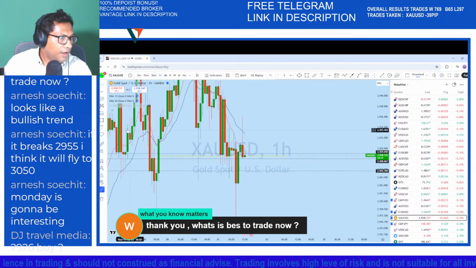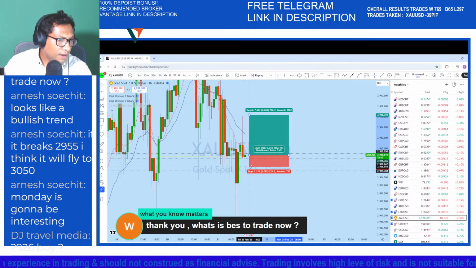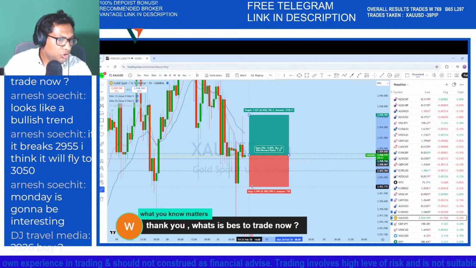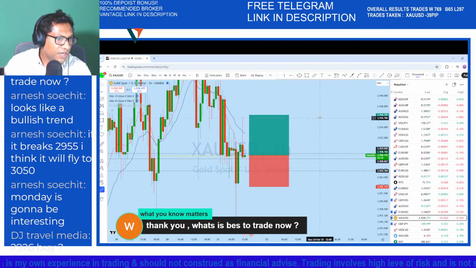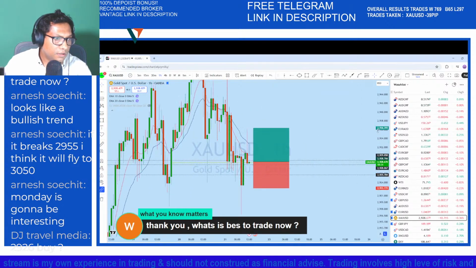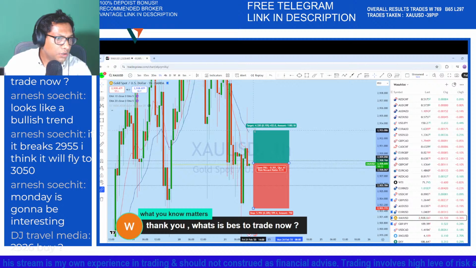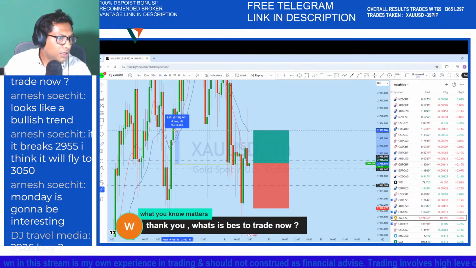Okay, here I'm going to get in again with a buy, with a 59 pip stop loss, and targeting the 20 EMA from the 1 hour, which will be around 44 pips.